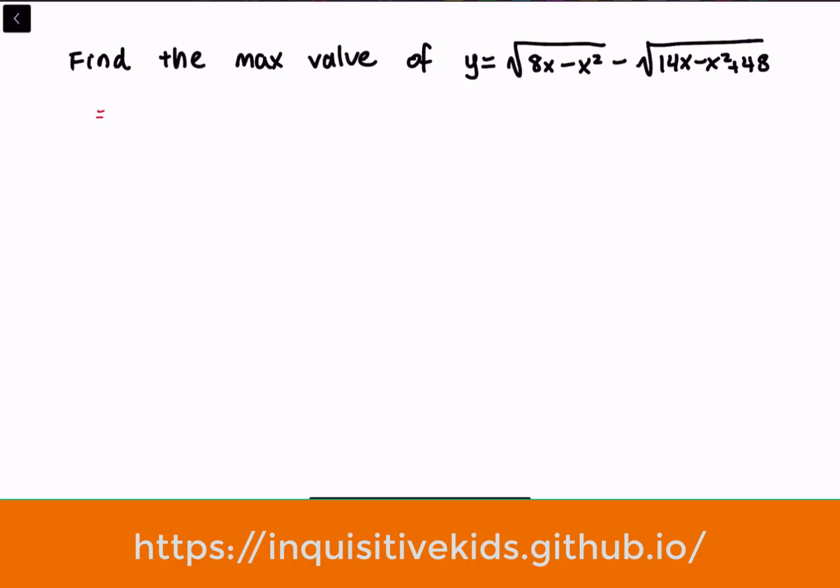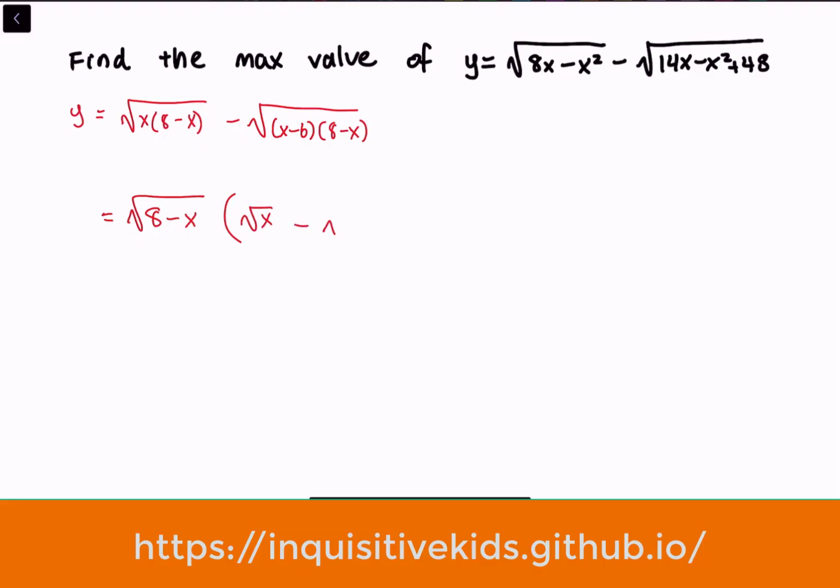This would be equal to, now we can see that we have a common factor of 8 minus x under each square root. So why don't we factor out that 8 minus x? We're left with the square root of 8 minus x times the square root of x minus the square root of x minus 6.